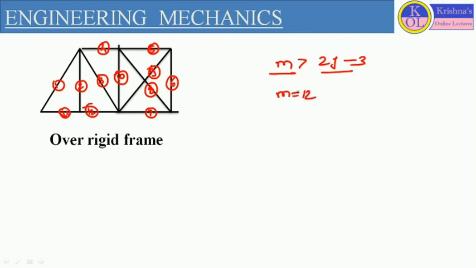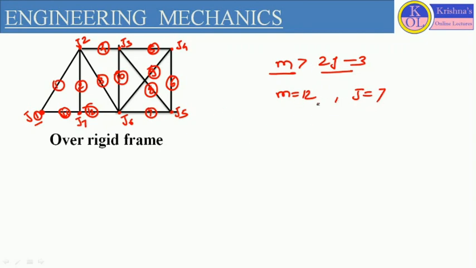So m equals 12, I have written here. Now let's count the joints. Let's write down J1, J2. So here we have 7 joints. So the number of members is 12 and the number of joints is 7.